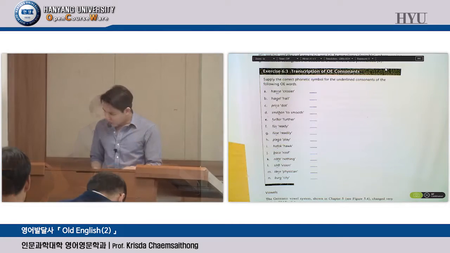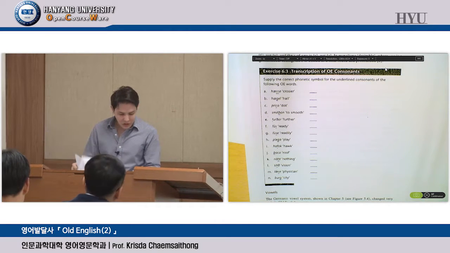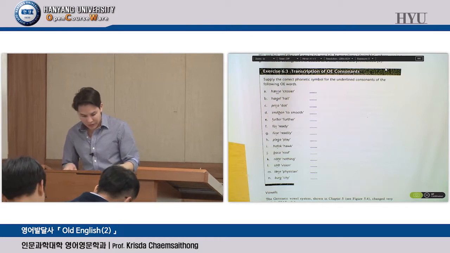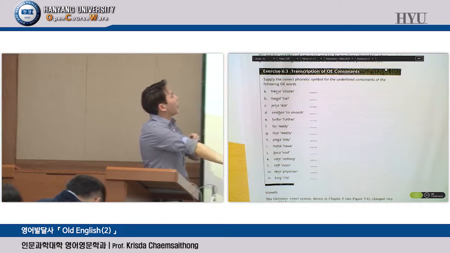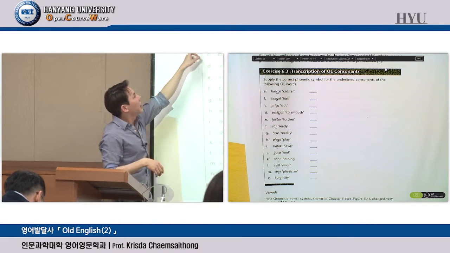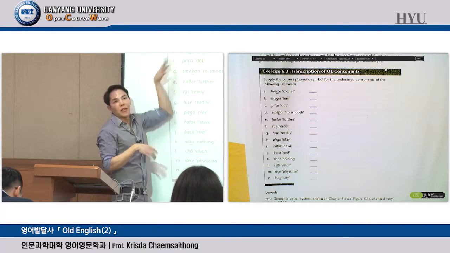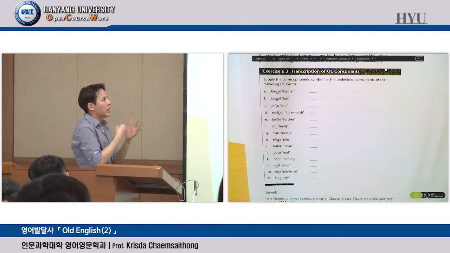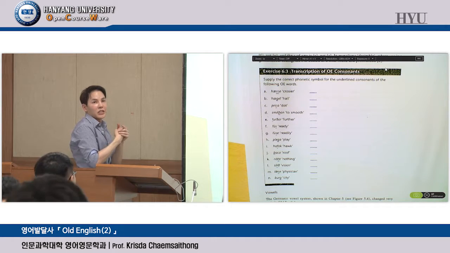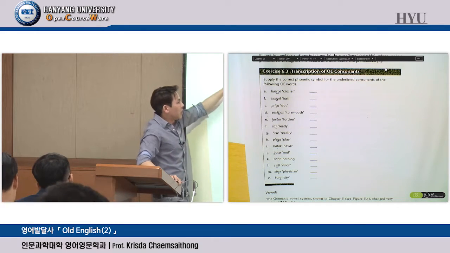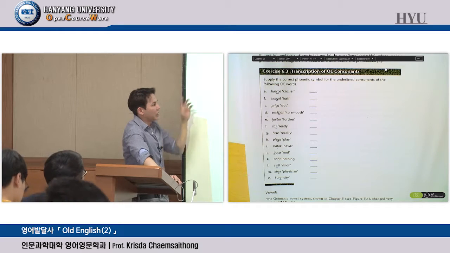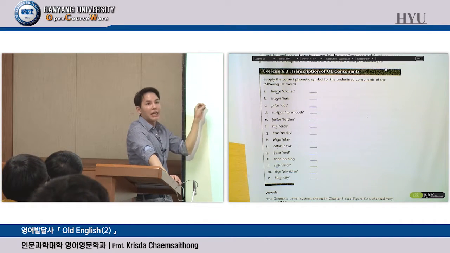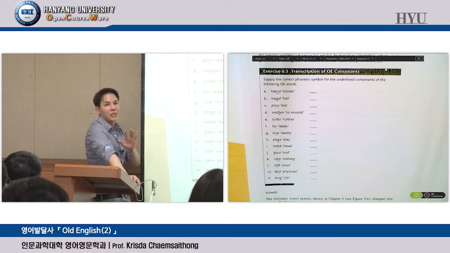So can you work out the pronunciation of these sounds, right? So you see in A, this is A, right? So pretty much you can use your knowledge of modern day English phonetics to read these Old English words, because there's a one-to-one correspondence between the spelling and the sound, unlike present-day English.